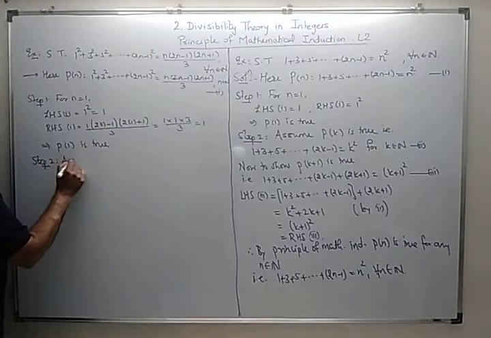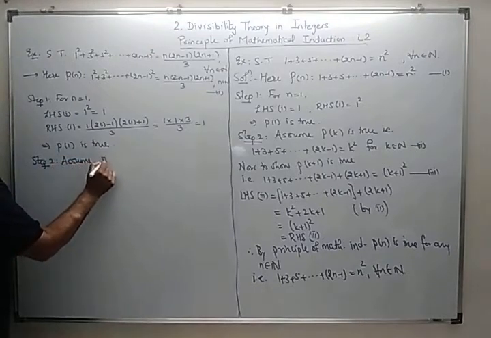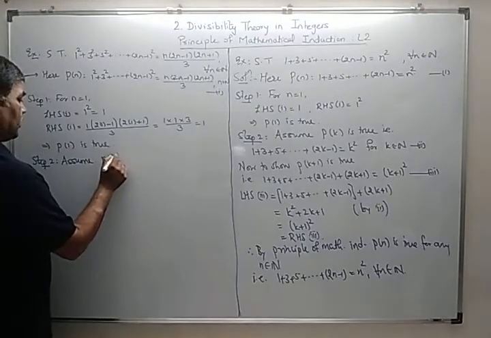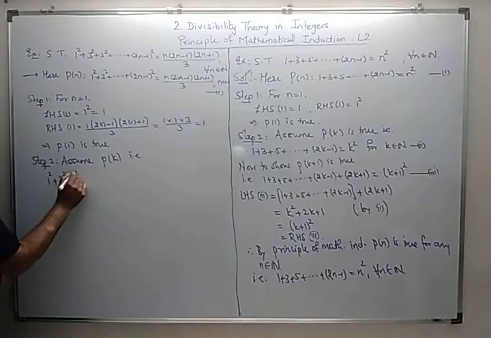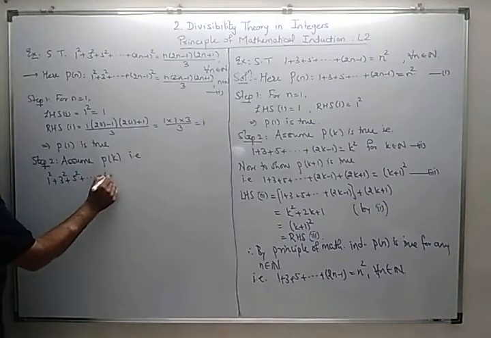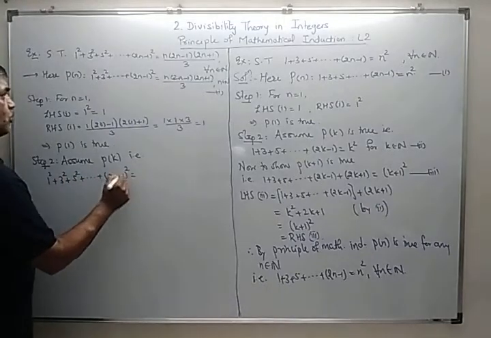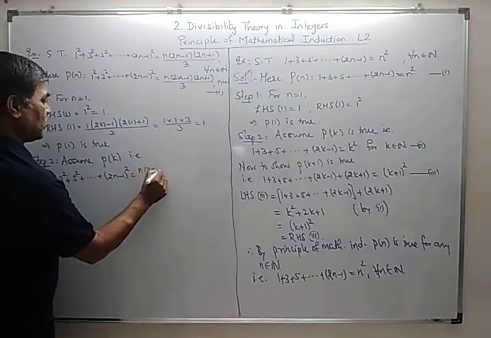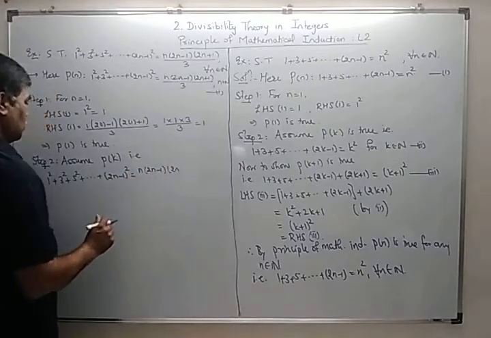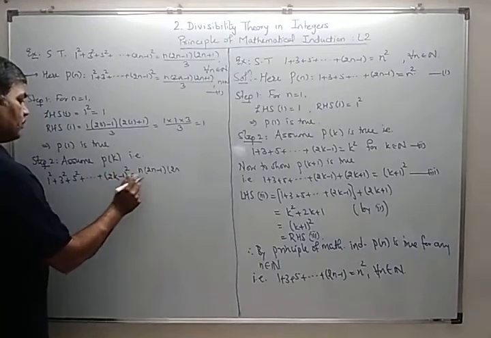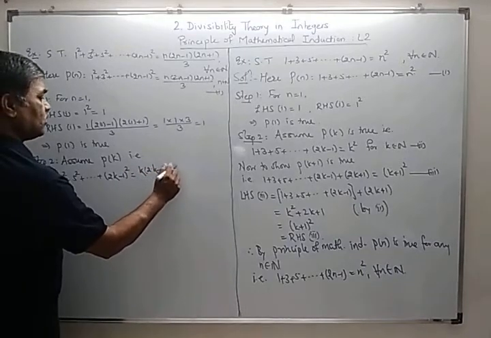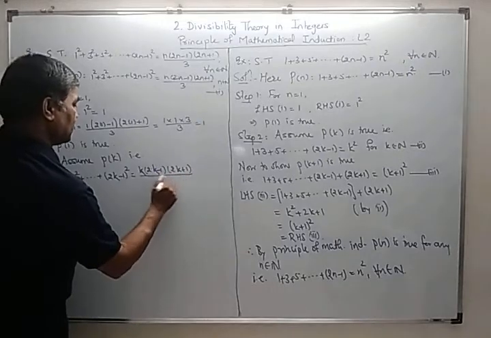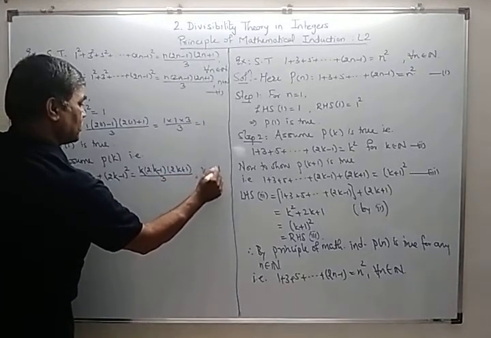So assume P(k), that is 1 square plus 3 square plus 5 square and so on up to (2k minus 1) square is equal to k(2k minus 1)(2k plus 1) by 3, k belongs to N. This is my 2.